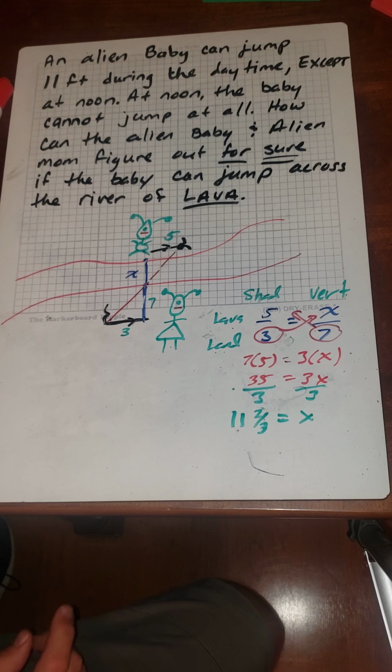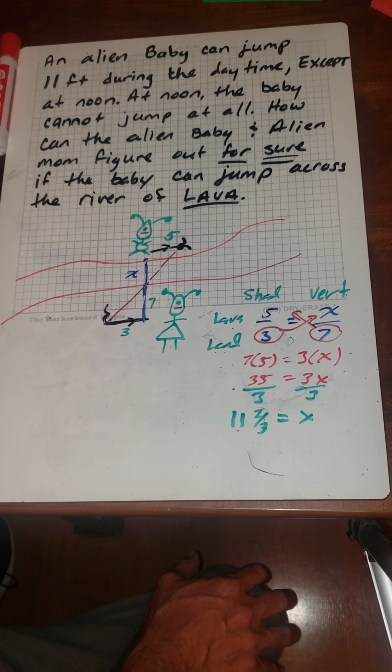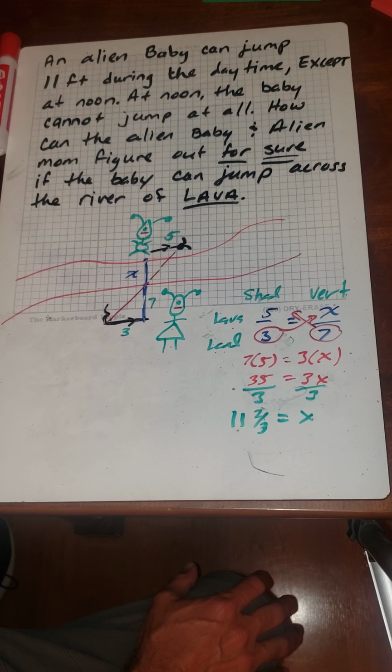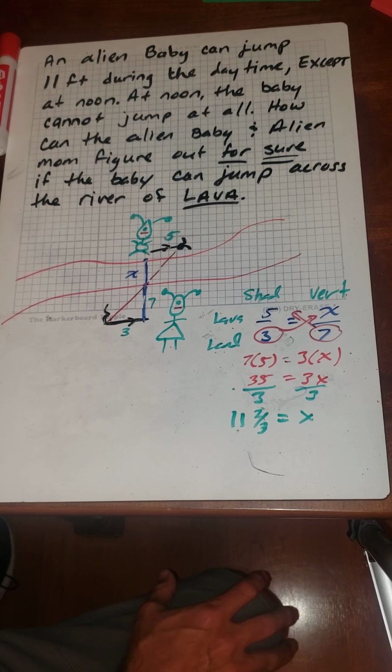Okay, so there's 3 different problems that are all like real world problems. I guess maybe aliens and lava jumping is not really real world, but you kind of get the idea how it could be applied. These are super useful skills. We can figure out the distance across things without ever having to actually get across them. We can get very, very accurate just by being able to measure the distances on our side or the safe side of these triangles.